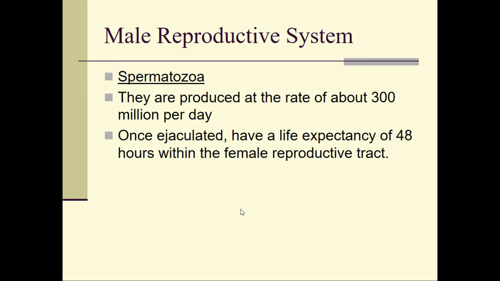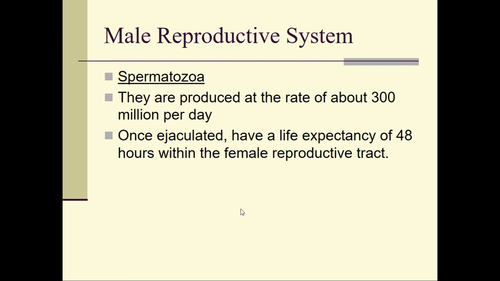So the average during an ejaculation, a male can release somewhere around 150 to 200 million sperm cells, as high as 300 million in one average ejaculation. And then that means that man can produce and replace those sperm cells in 24 hours.